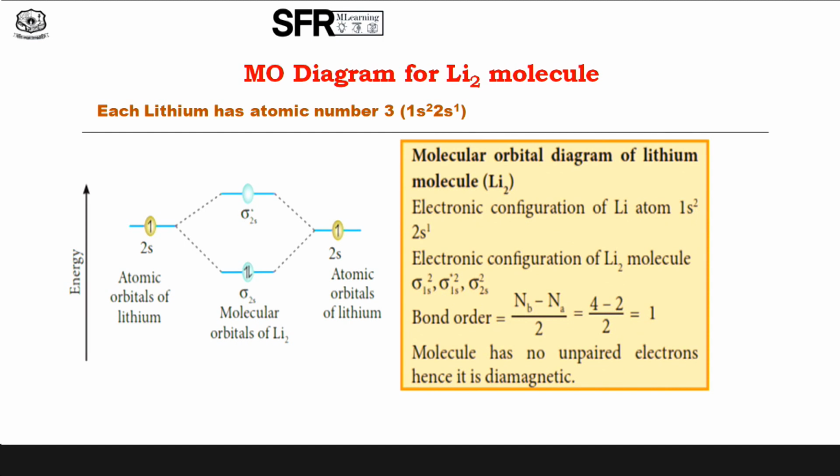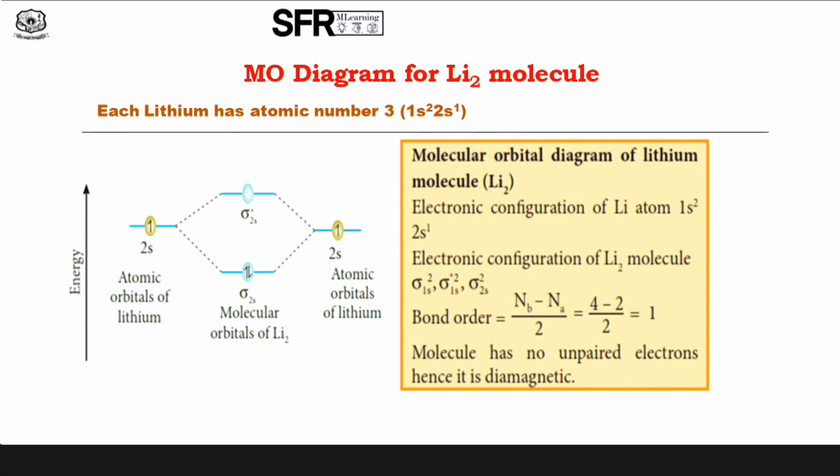The bonding molecular orbital is sigma 2s and the anti-bonding molecular orbital is sigma star 2s. When these 2 electrons are present, they go to the bonding molecular orbital sigma 2s, represented as sigma 2s2, whereas sigma star 2s has no electrons.